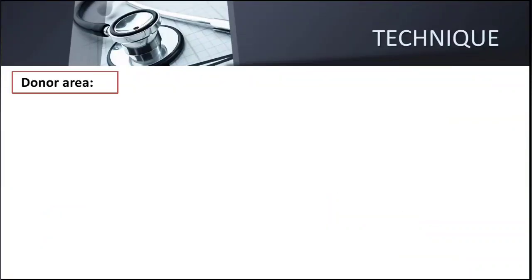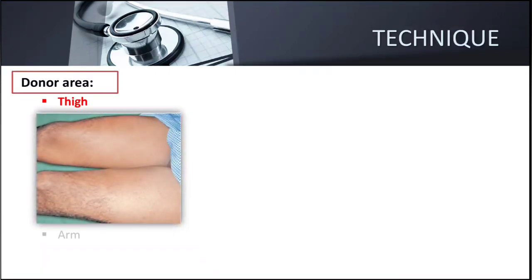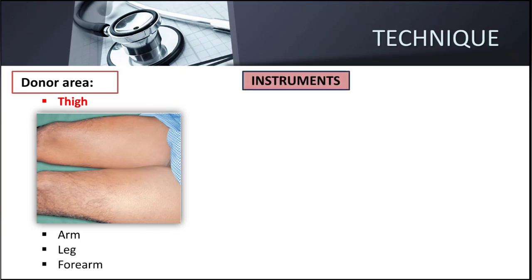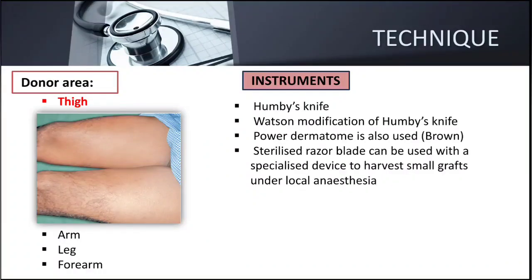So, technique from the donor area. The donor area is usually the thigh. You can also take a graft from the arm and the leg, also the forearm. The instruments used are the following: the Hamby knife, the Watson modification of Hamby's knife. There is the power dermatome.